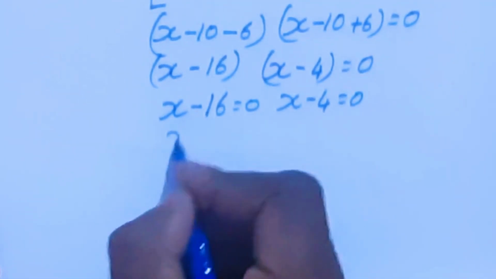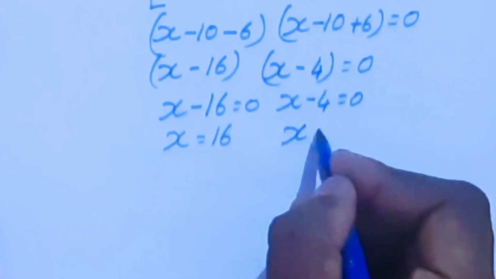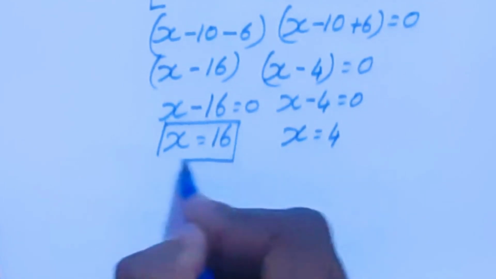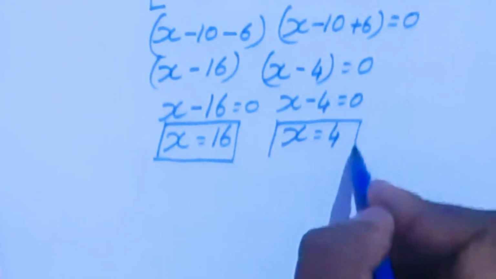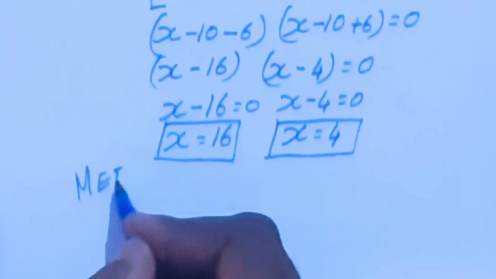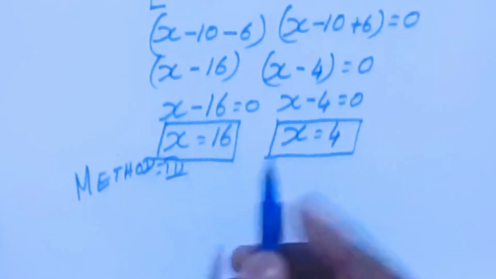Now x = 16, x = 4. These are the possible answers in the second method. Now we are going to try this in the other method, method 3.